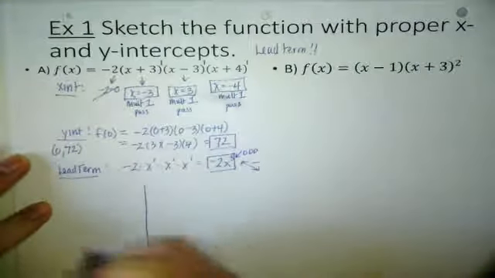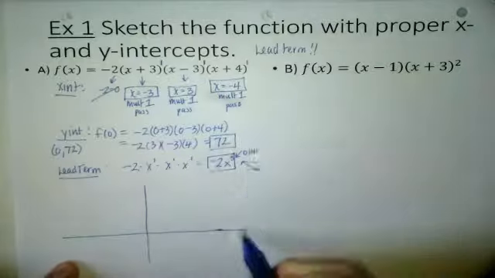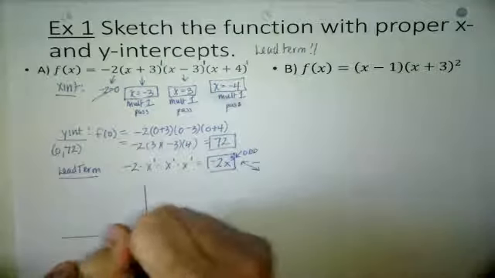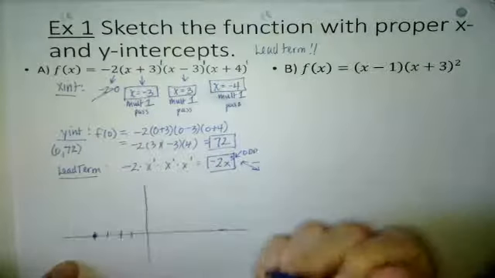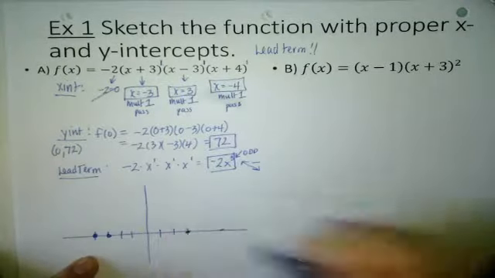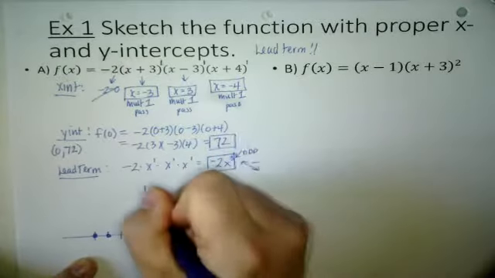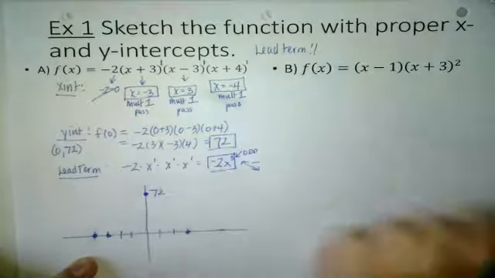Once I know that, I'm going to go ahead and make a sketch. So here are my zeros on the x-axis. So 1, 2, 3, 4, -3, and 1, 2, +3. And I also have my y-intercept at 72. So again, don't do 72 tick marks, just label it.